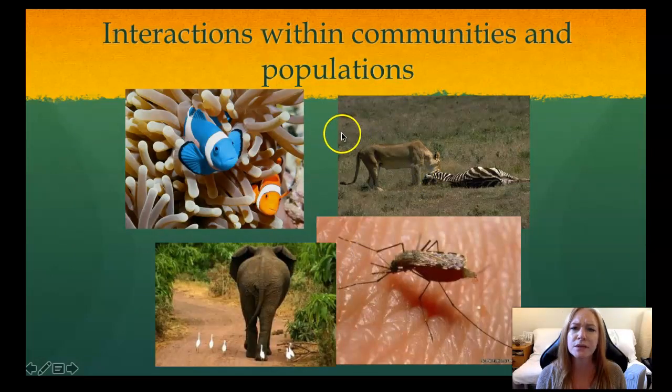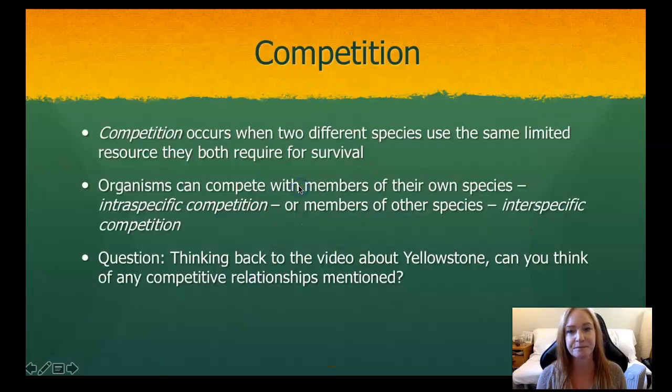So how do communities and populations interact within an ecosystem? Competition is one way. Competition just means that two or more organisms or populations are using the same resource, either the same food resource or the same habitat or space resource.